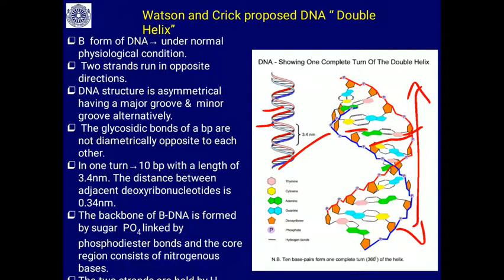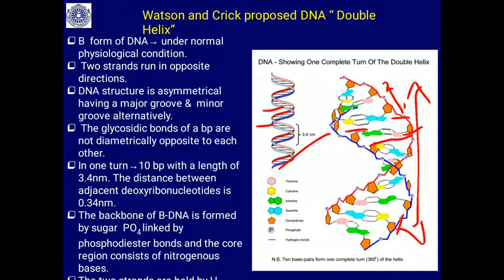That is why the distance between adjacent nucleotides is 3.4 angstroms, or 0.34 nanometer.